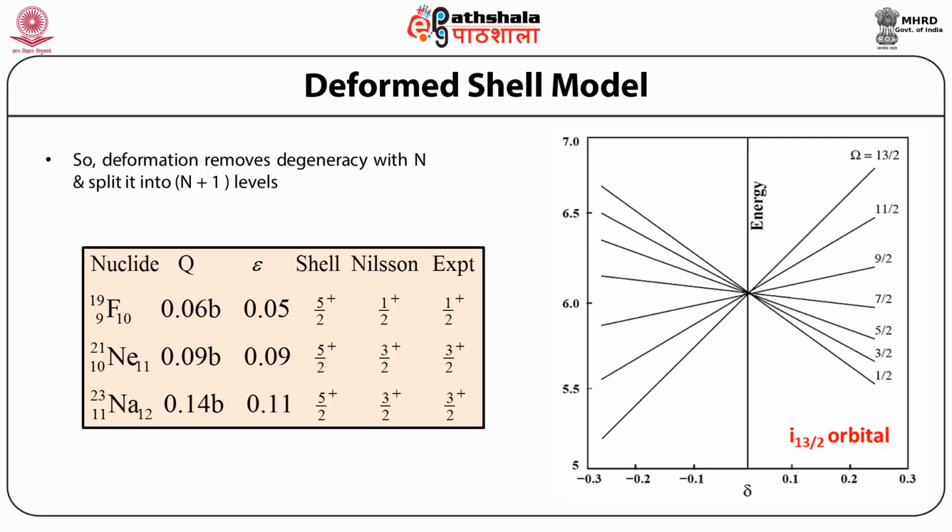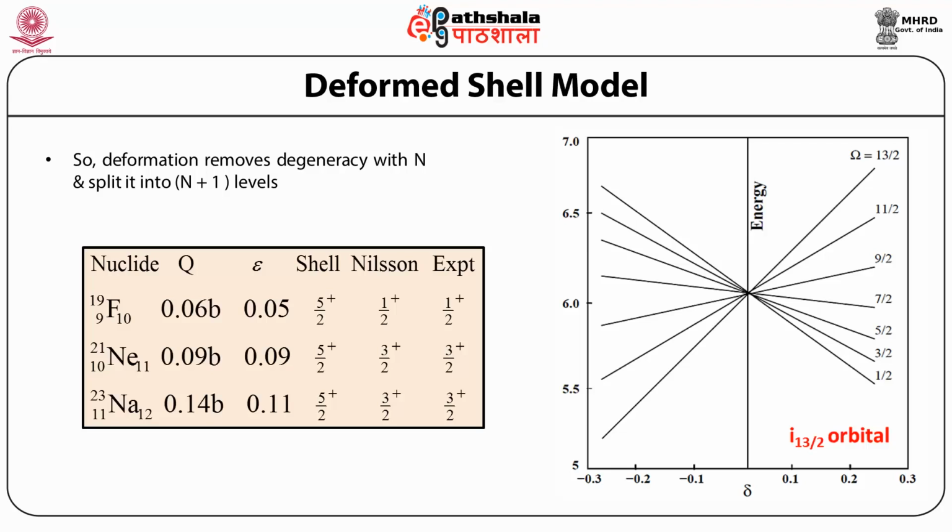The shell model, if we see neon 21 as spherical, predicts its ground state spin and parity as 5/2 plus, whereas considering the deformation, Nielsen predicts 3/2 plus, and experimentally also for neon 21 the ground state spin and parity turns out to be 3/2 plus.